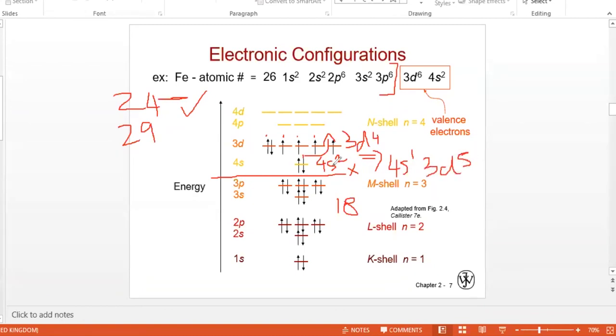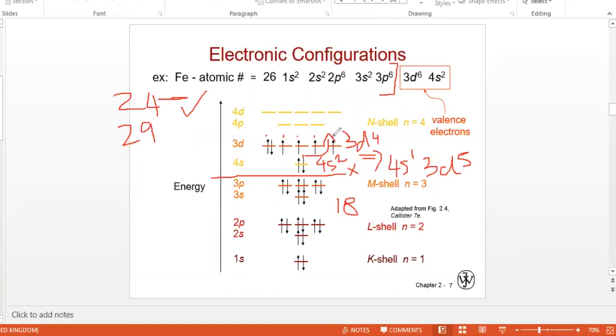If this electron jumps there, we will have one electron left in 4s, and 3d already has 4, so this one makes 5. This stage we call the semi-filled stage.